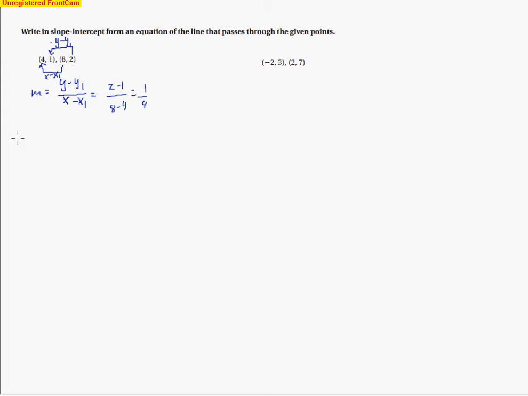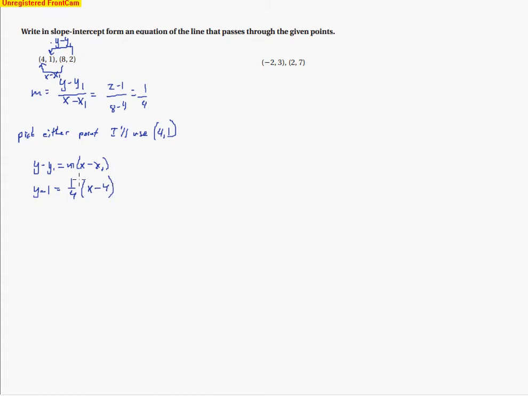So now pick a point. Pick either point. It doesn't matter which point you pick. And use the slope in point slope. So we're going to use this formula, y minus y1 equals m times x minus x1. And so it doesn't matter which point you pick. I'm going to pick this point, 4, 1. So I substitute in, I've got y minus 1 equals the slope of 1/4 times x minus 4.